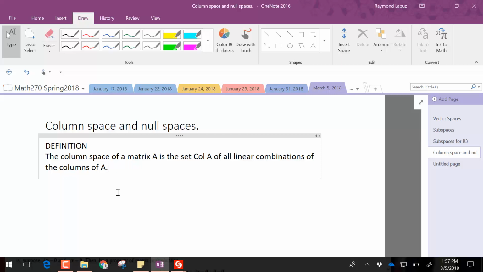If it's not linearly independent, then it's going to be a smaller subspace. That seems pretty straightforward, right?